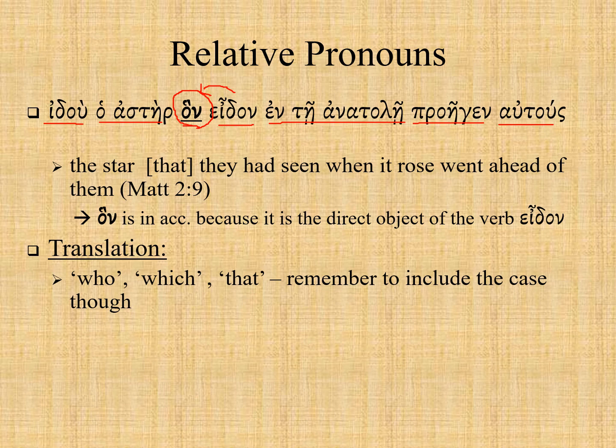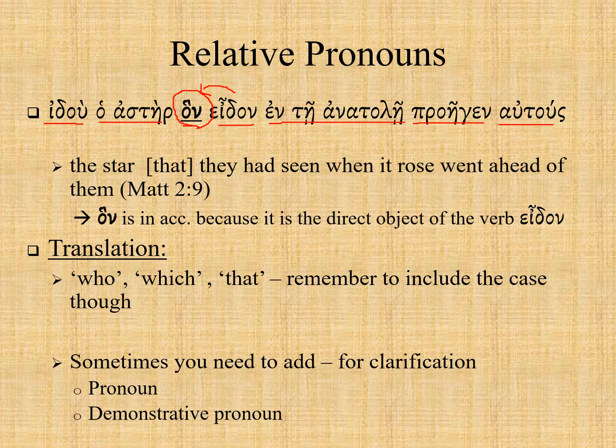And obviously we need to take into consideration the case and the number as well. And sometimes we need to add some words for clarification, such as he who or she who or that which as a demonstrative pronoun in order to clarify what the relative pronoun is really pointing to.